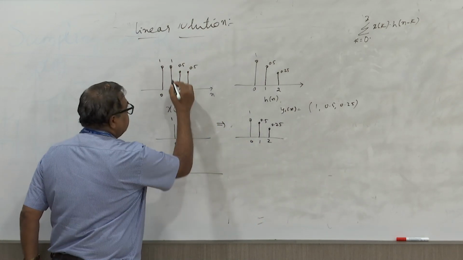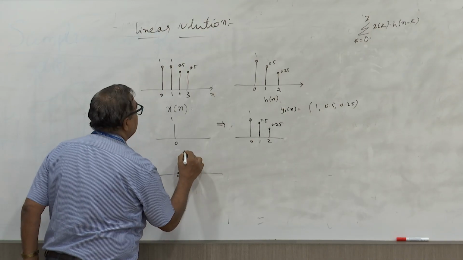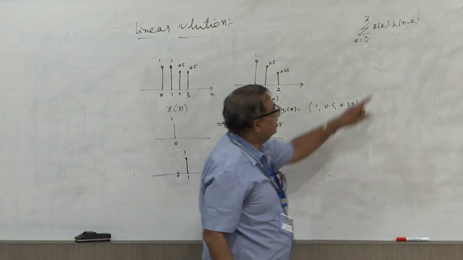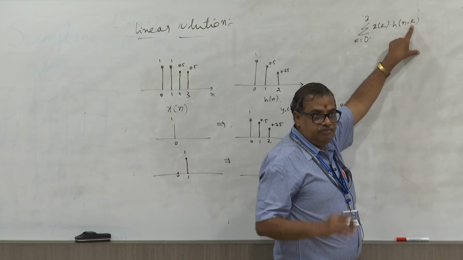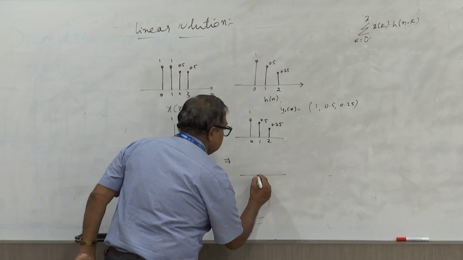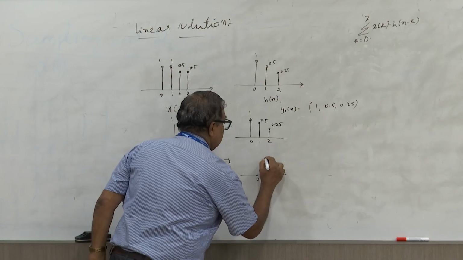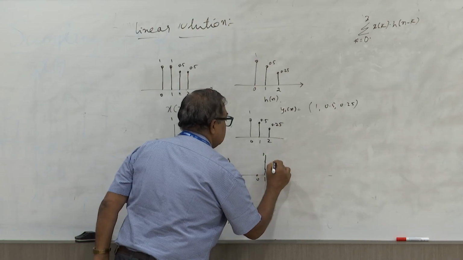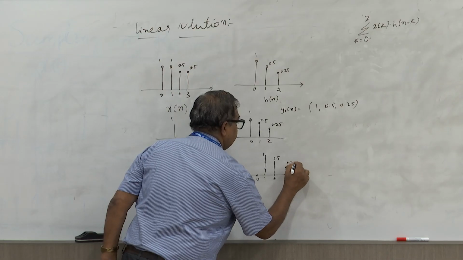Then I'll take the second one. So this is 0, and I'll take 1 here. At 1 there is 1. Now we have to shift, because this becomes x of 1, so this will become h of n minus 1. That means we have to shift the signal by 1 unit. So I'll shift the signal here. I'll write 0 here, and at 1 I'll write 1; at 2 I'll write 0.5; at 3 I'll write 0.25.